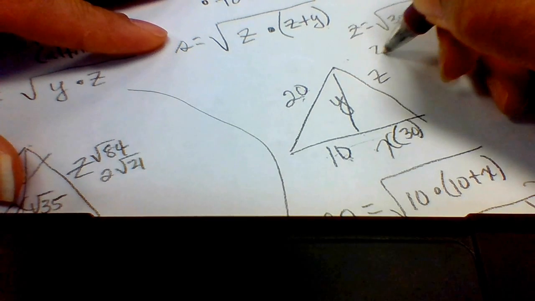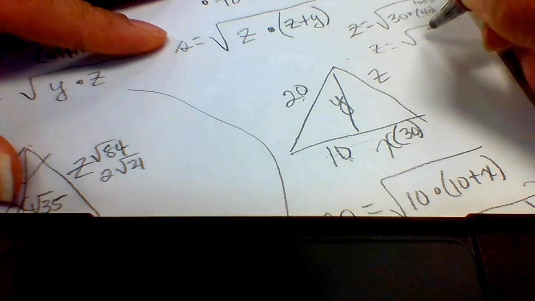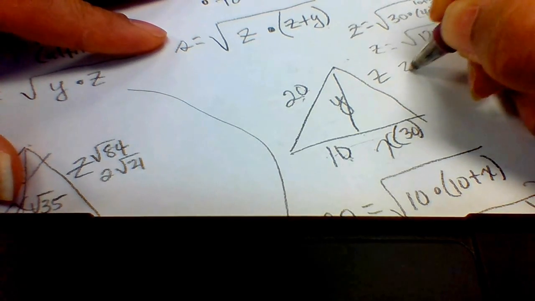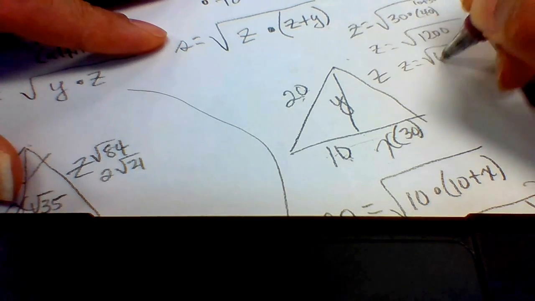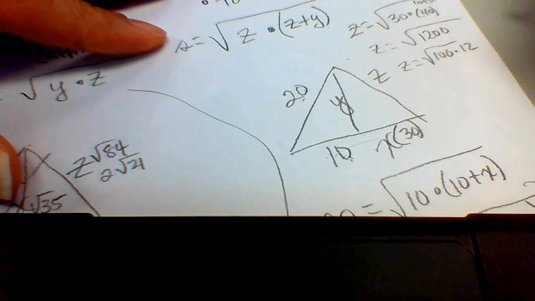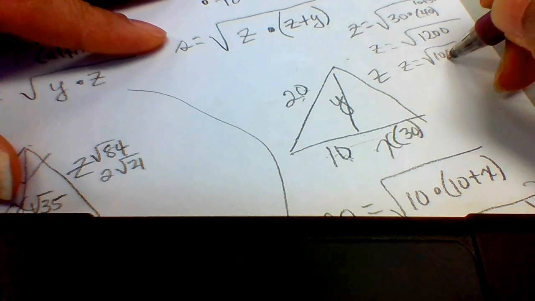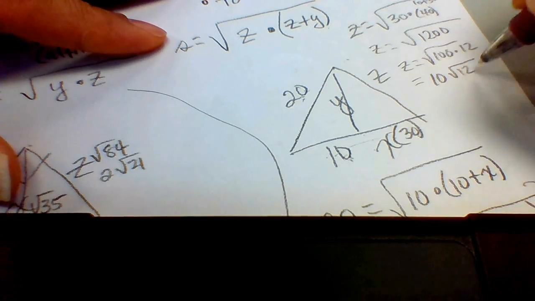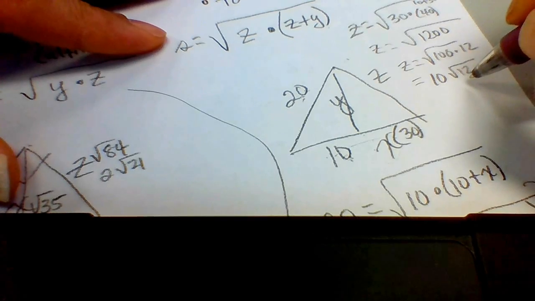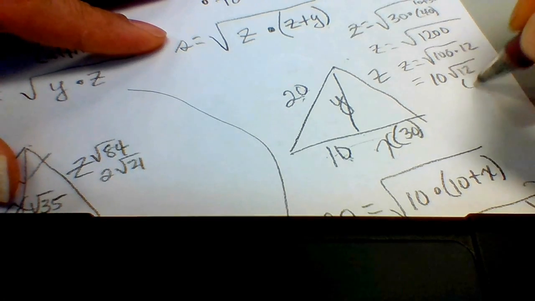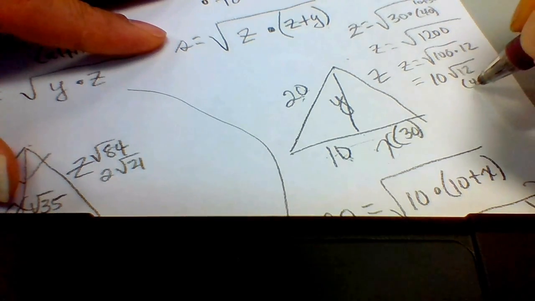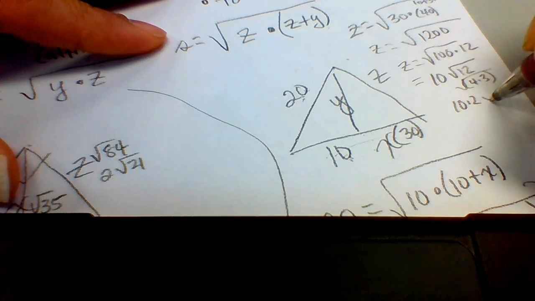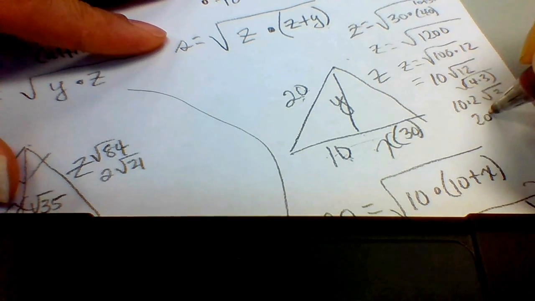And so then z is going to equal the square root of 1200. And z then would equal the square root of 100 times 12. The square root of 100 is 10. And I'm left with the square root of 12, which has a perfect square in it, which is 4. So 4 times 3. The square root of 4 gives me 2. So 10 times 2, and I'm left with the square root of 3. So 20 square root of 3.